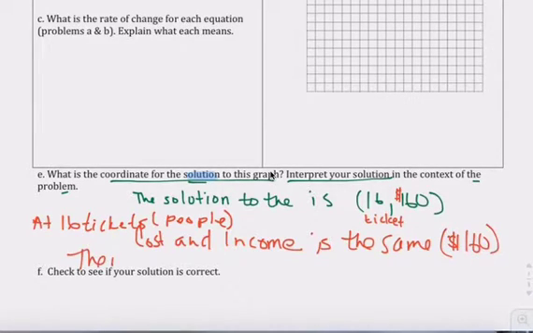Therefore, you made zero profit. Therefore, $0 was made.